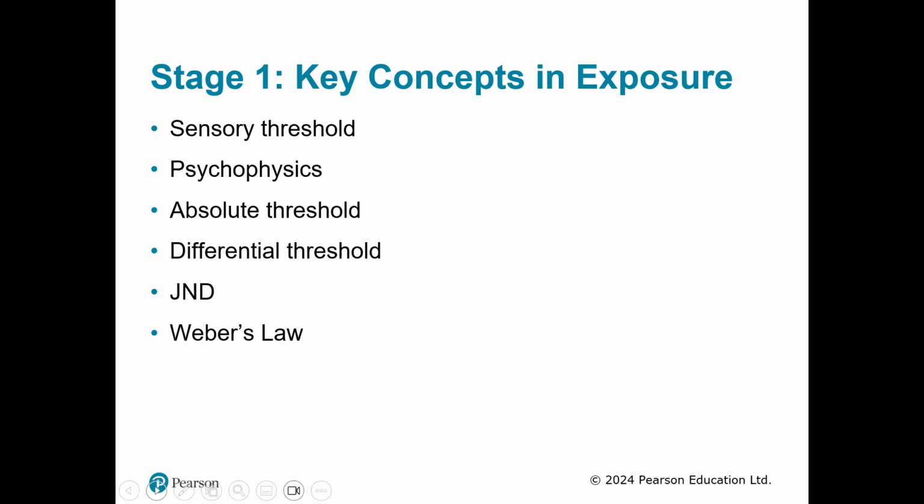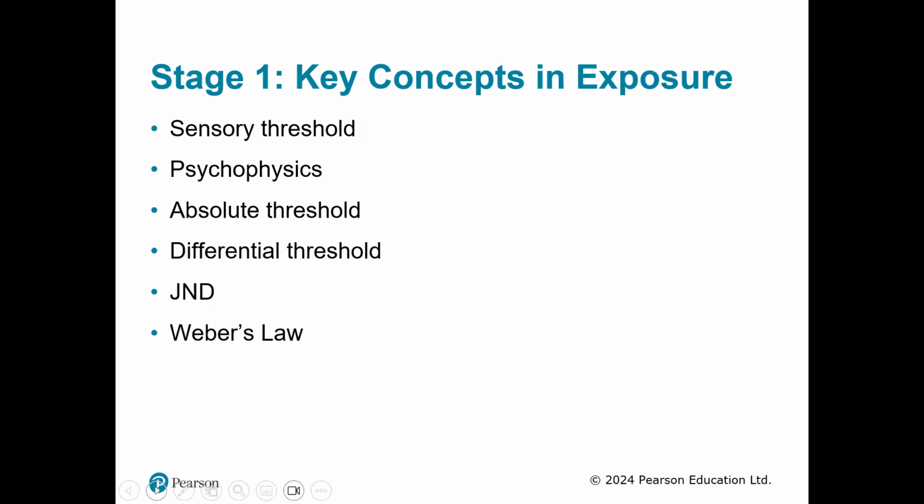Absolute threshold refers to the minimum amount of stimulation a person can detect on a given sensory channel. The absolute threshold is an important consideration when we design marketing stimuli.